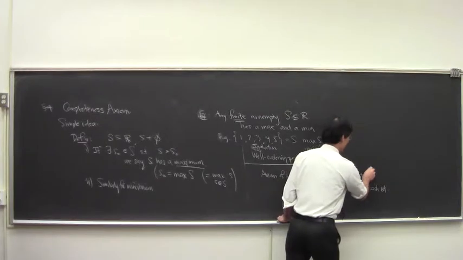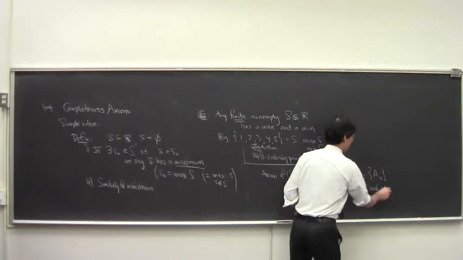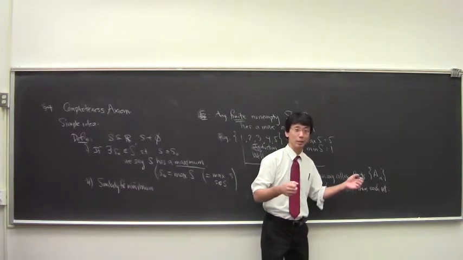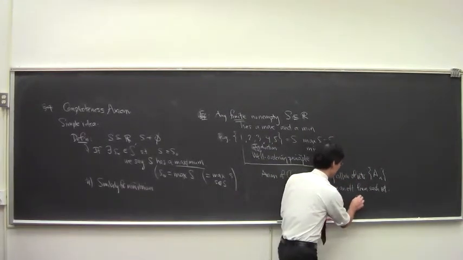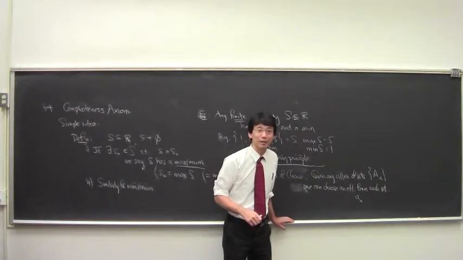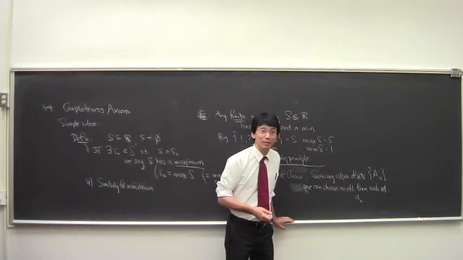So if I have some infinite collection of sets, it's possible to choose one element, a sub alpha, from each set. How many of you think that seems obvious?